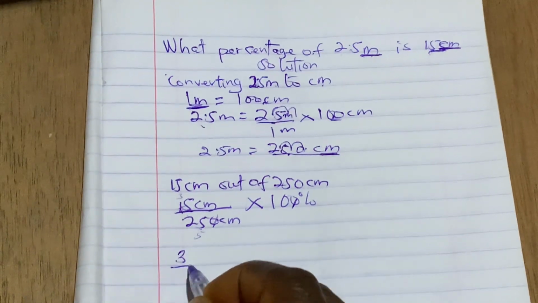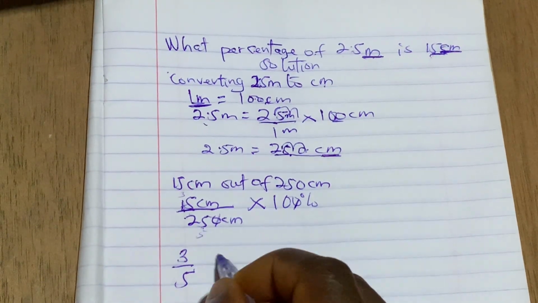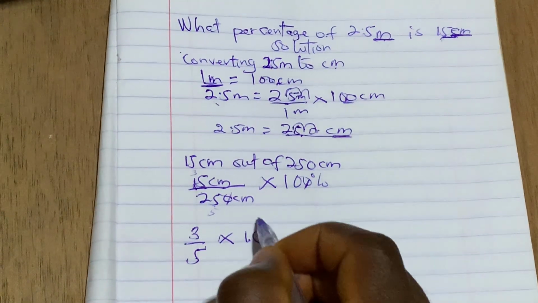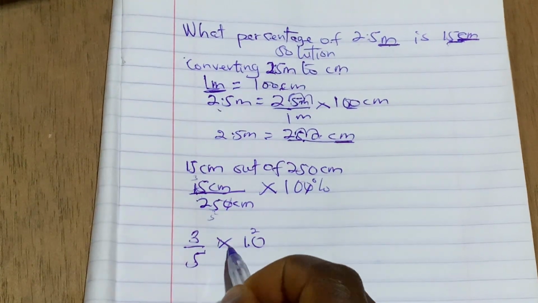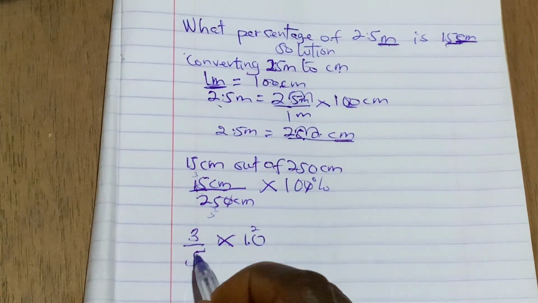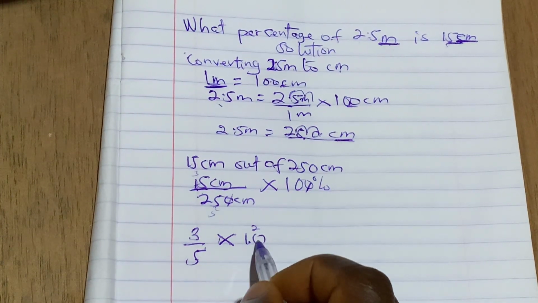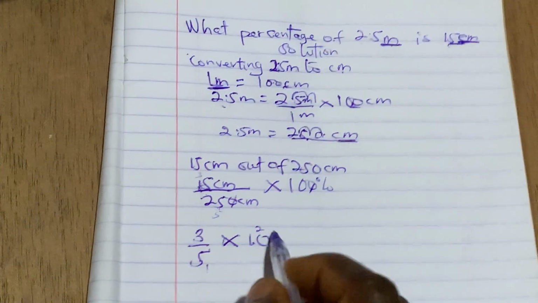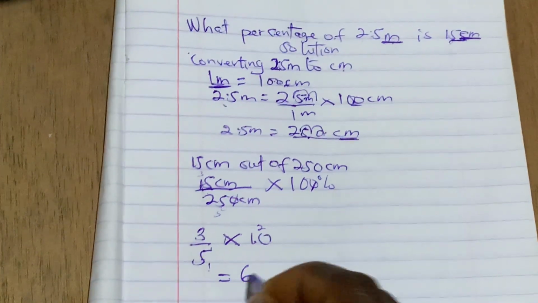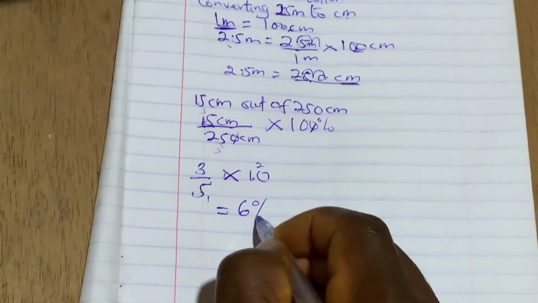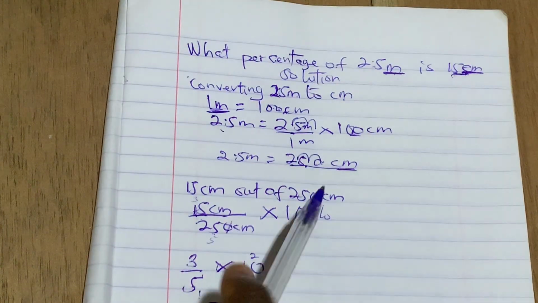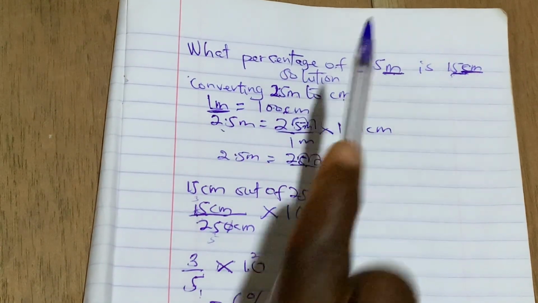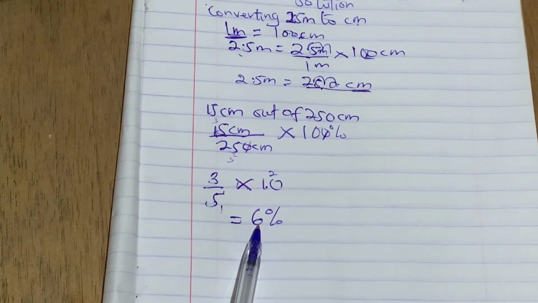So 3 out of 5, multiplying 100. 5 here 2, 5 here 1. So 3 out of 1 times 2, which is equal to 6. So that is 6%. So 15 centimeters out of 2.5 meters is 6%.